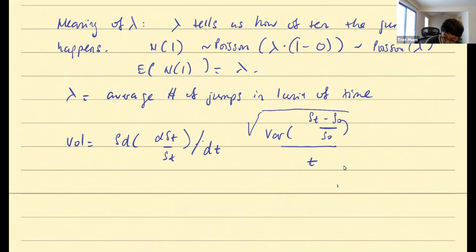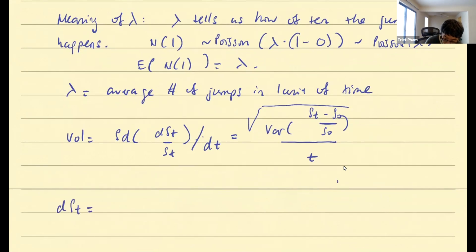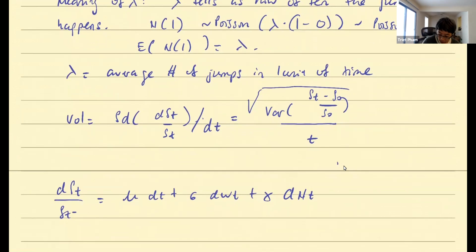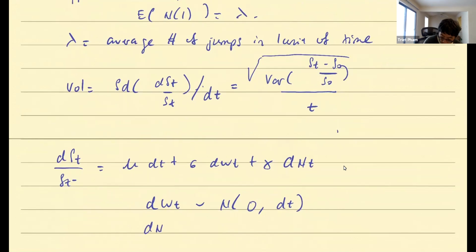So what happens is, when we have dS_t over S_t minus mu dt, that is sigma dW_t plus gamma dN_t, right? What do we have? dW_t is a normal with mean zero and variance dt. dN_t is a Poisson with rate lambda dt.